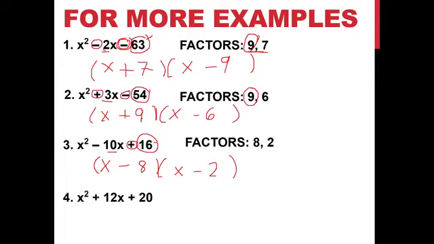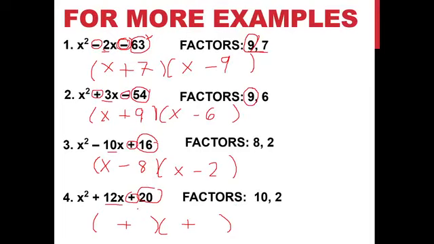For the last example, we have plus and plus. Correct. Plus and plus. And what are factors of 20? When added, it's 12. Correct. It's 10 and 2. Because 10 times 2 is 20, 10 plus 2 is 12. So I'm going to be having 10 and 2. And there you have it.